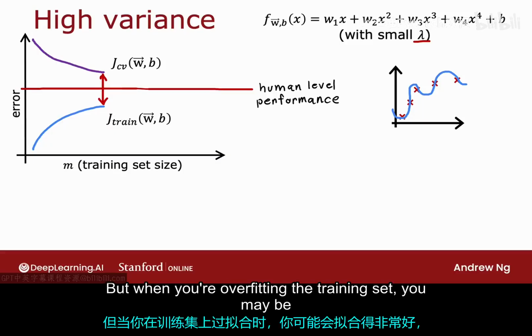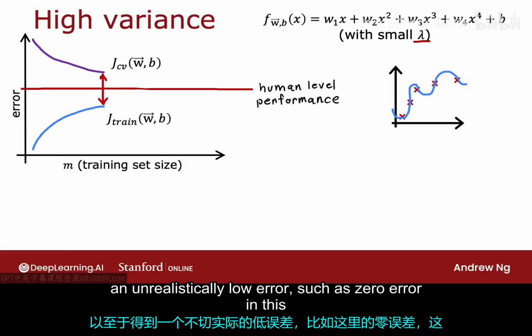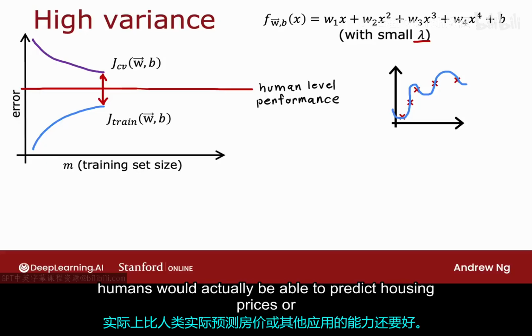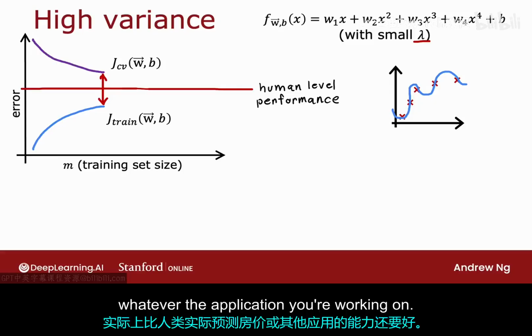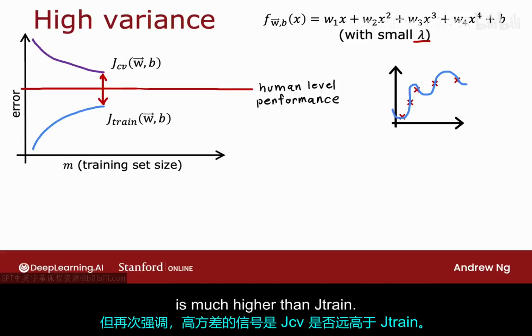But when you're overfitting the training set, you may be able to fit the training set so well as to have an unrealistically low error, such as 0 error in this example over here, which is actually better than how well humans would be able to predict housing prices or whatever the application you're working on. But again, the signal for high variance is whether J CV is much higher than J train.